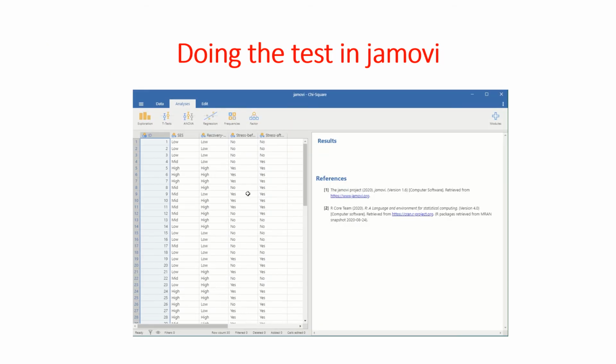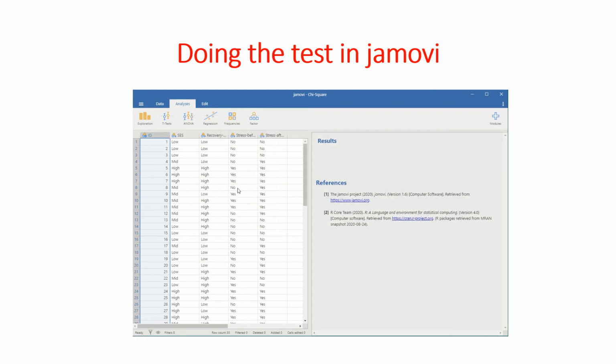Let's see how we could do the test in Jamovi. You go to frequencies again. Now, instead of one sample proportion test, you go to contingency tables and you click on independent samples or chi-square test of association.